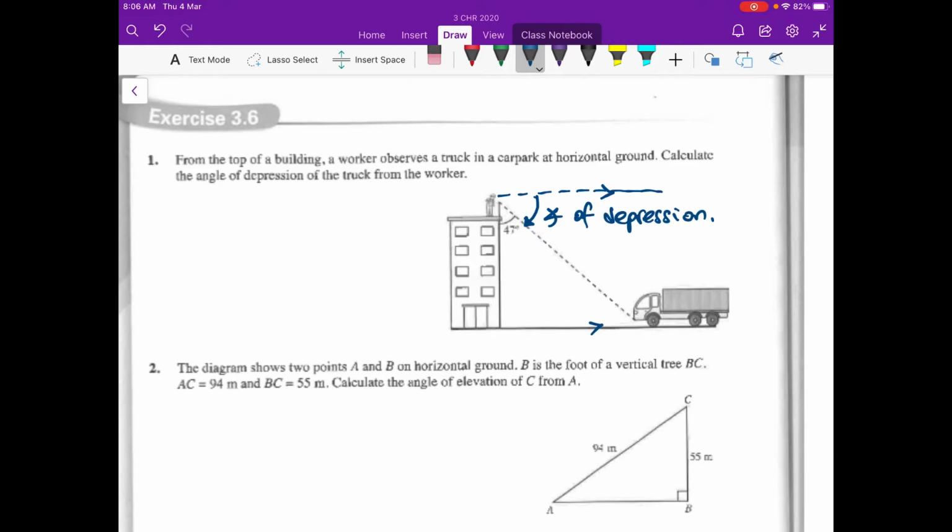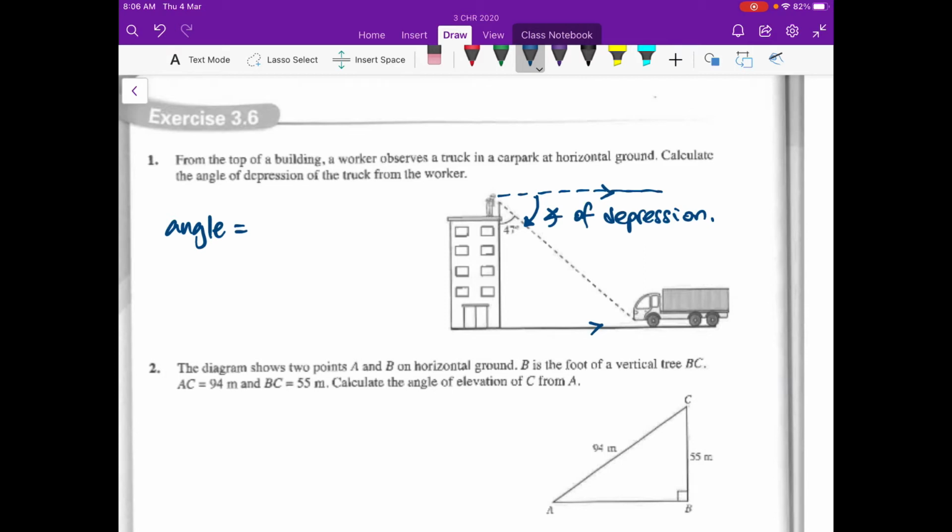So how much is this angle of depression? Angle equals to, okay, what do you think this is? We are trying to find that particular angle. Yeah, that blue angle over there. Not difficult, don't think that it's trigonometry.